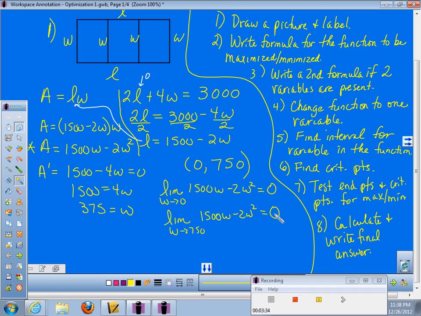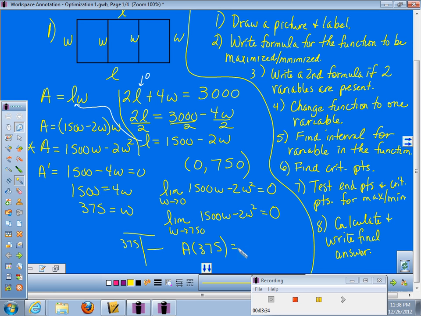Technically, we t-tabled, we put 375 in, and we found out the y-coordinate of our function. Well, since we're not really graphing anymore, that's not how we write it now. Instead, we're just going to find the area at 375, since that's our critical point.